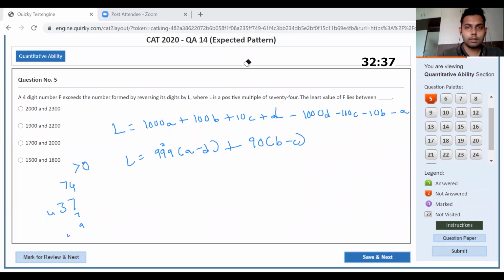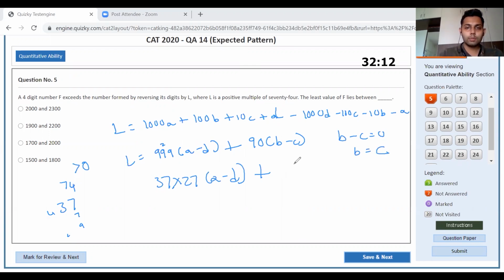So that means this thing is 37 into 27 times A minus D. This is divisible by 37, so 90 times B minus C has to be divisible by 37, but B and C are individual digits, so B minus C cannot be 37. So that means B minus C is equal to 0 and B is equal to C.